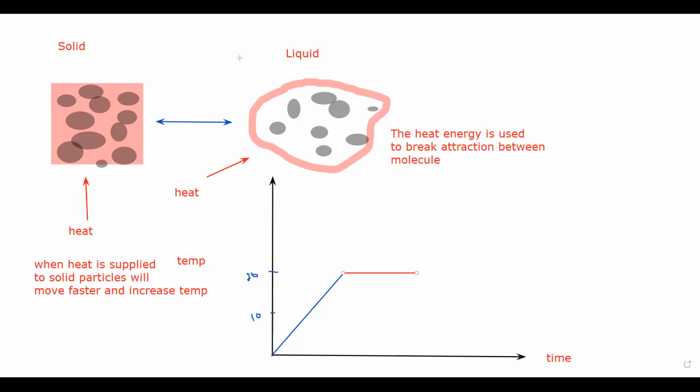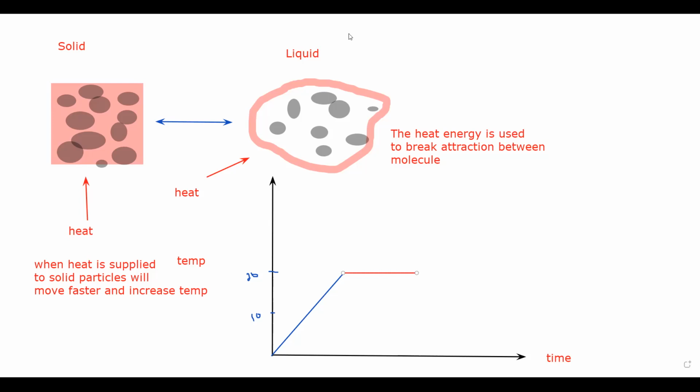So first, when you are supplying heat energy to a solid, the particles will move faster. The speed of the particles changes, but it does not affect the number of particles. The number of particles in a solid will remain the same. The only thing that happens is the particles will move faster. But at a certain temperature, their energy is used to break the attraction between the particles, and the solid will start to change state and turn into liquid.